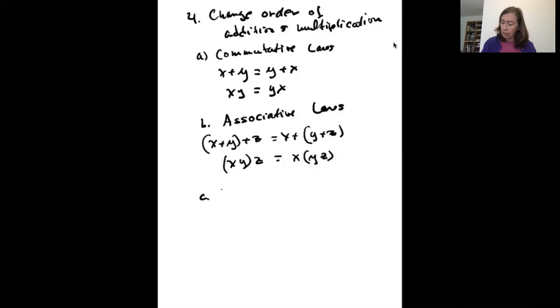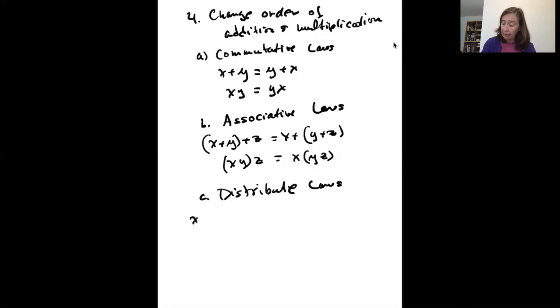And then we have distributive laws. And distributive laws say that we can switch the order of addition and multiplication. So here we're thinking about addition separately and multiplication separately. What if we're doing both of them?